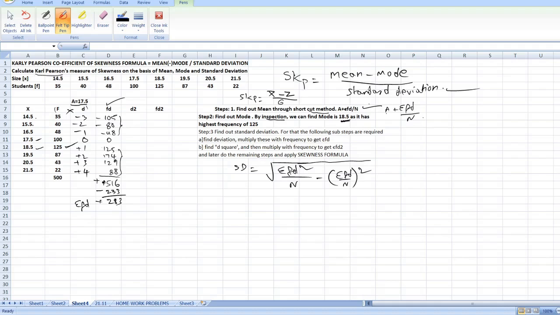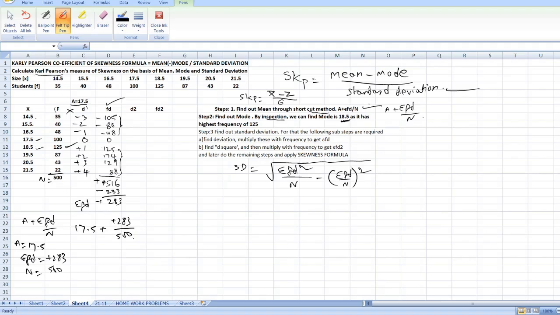The formula to find out mean is, you know already, A plus summation fd by n. A is equal to 17.5, summation fd is equal to plus 283 and n is equal to 500.